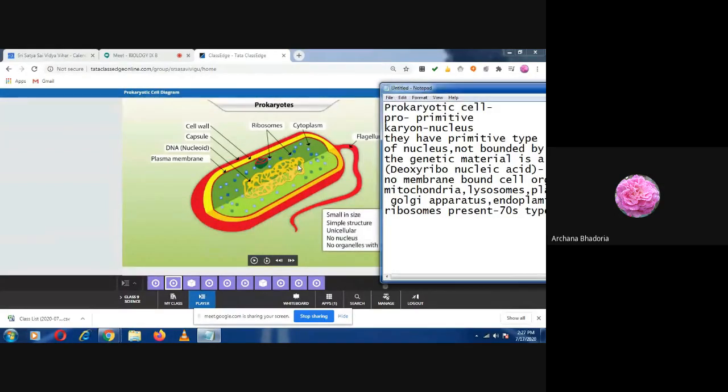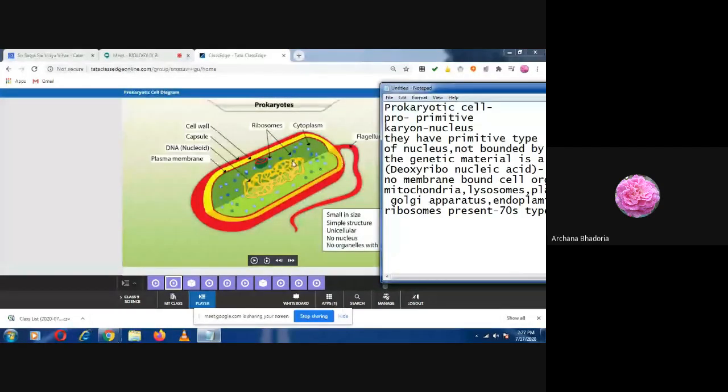What is the structure of the prokaryotic cell? It is bounded by a capsule which is made up of a mucilage. Inner to the capsule there is a hard cell wall. Then inner to the cell wall there is a plasma membrane. The plasma membrane encloses inside it a fluid known as cytoplasm.